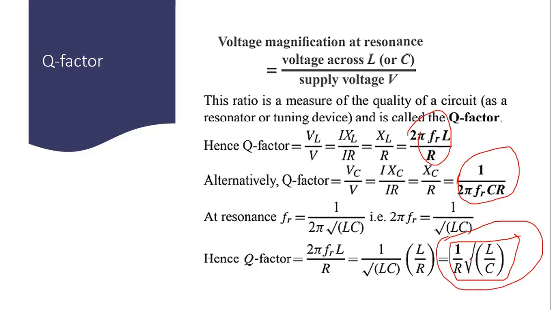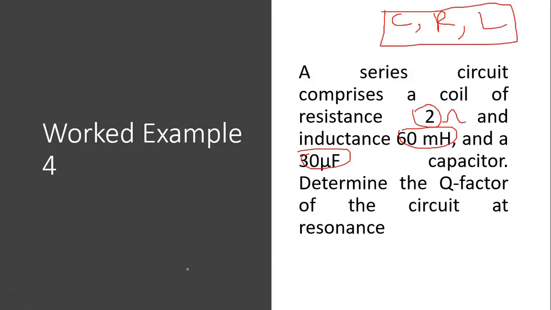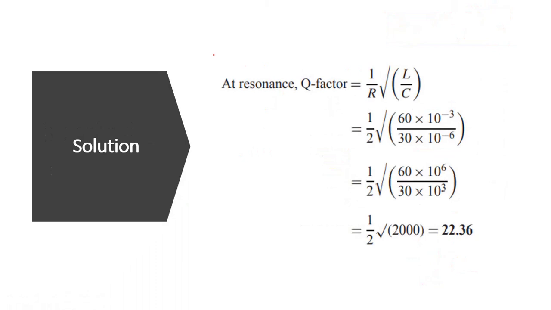So it's this formula that we are going to use, 1 over R square root of L over C. Then we substitute. Our R is 2. Our L is 60 times 10 raised to the power minus 3. And our C is 30 times 10 raised to the power minus 6.